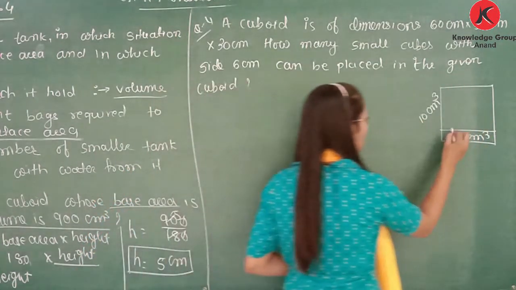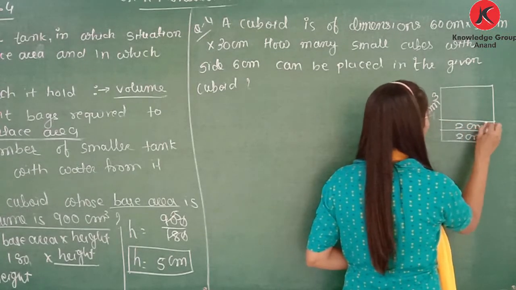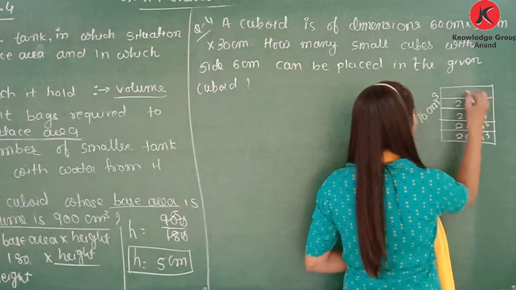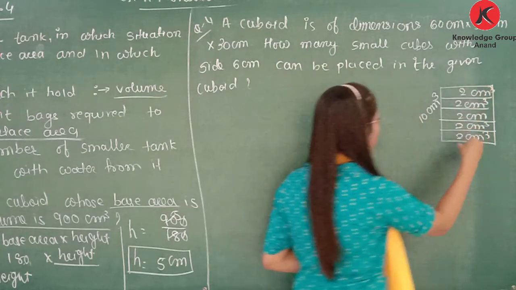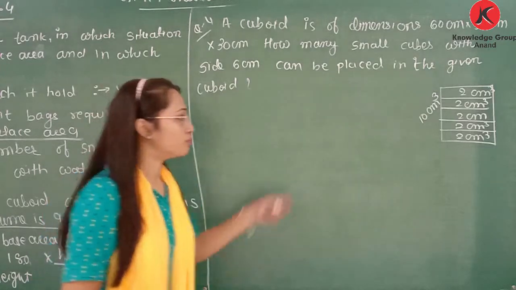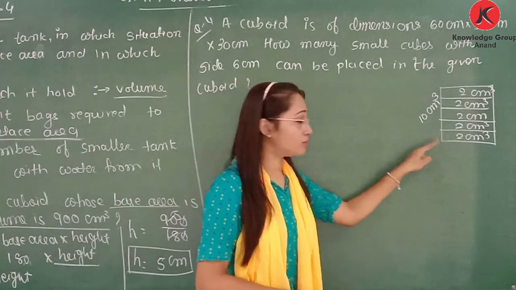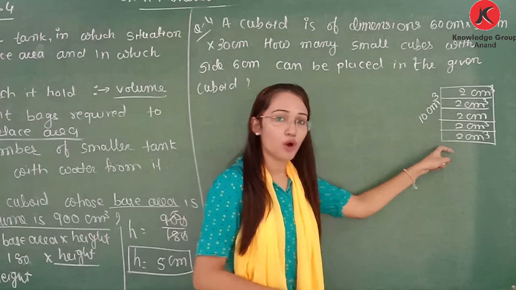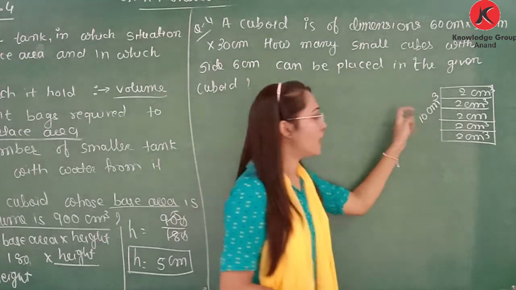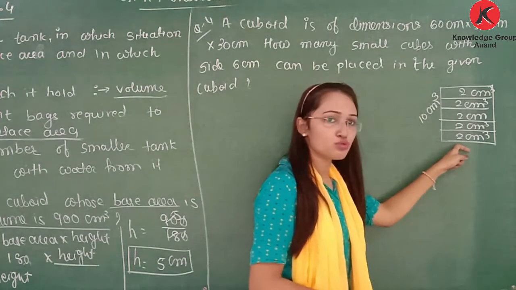So 2 cm cube, again 2 cm cube, again 2 cm cube, 2 cm cube and 2 cm cube. After placing 5 boxes of 2 cm cube, the bigger box will be filled. So we can fill 5 boxes if the capacity of the bigger box is 10 cm cube and the capacity of the smaller box is 2 cm cube.